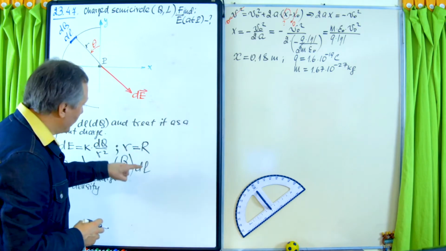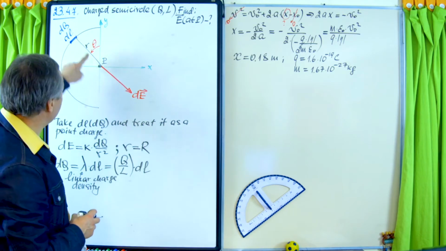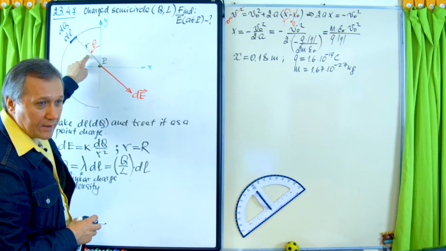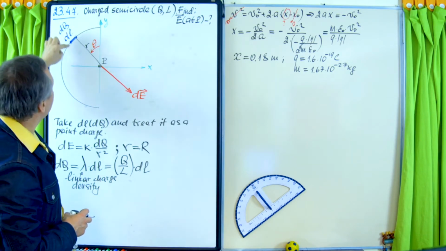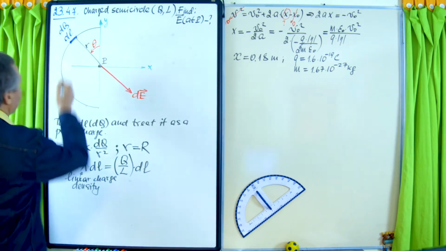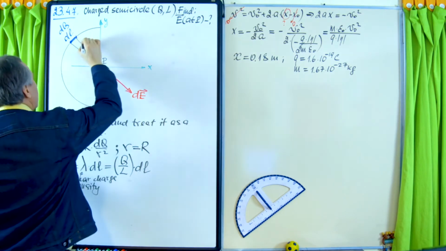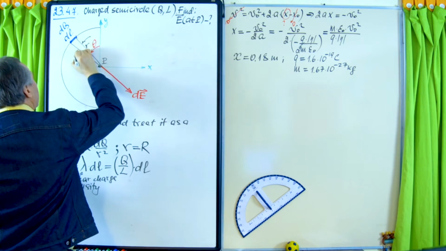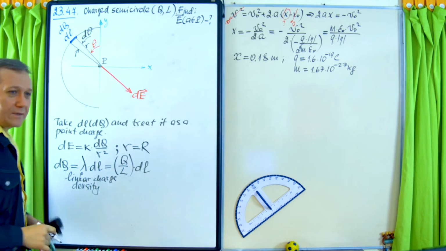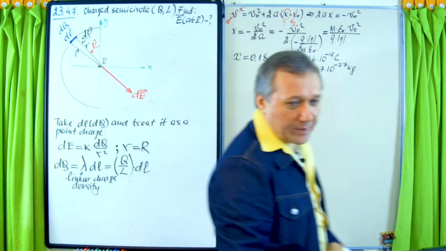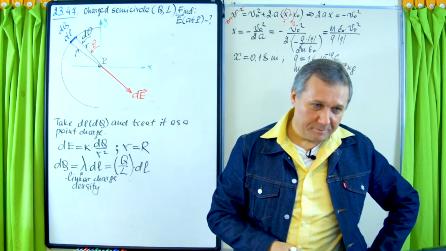And so we need to connect dl with d theta. Again, let's see on the picture where d theta is. So this is dl. Of course, d theta must be an angle which supports this dl. If I draw this line, so this will be d theta, this infinitesimally small angle d theta, which supports that arc length dl.